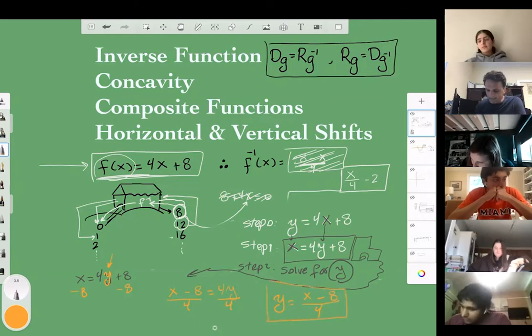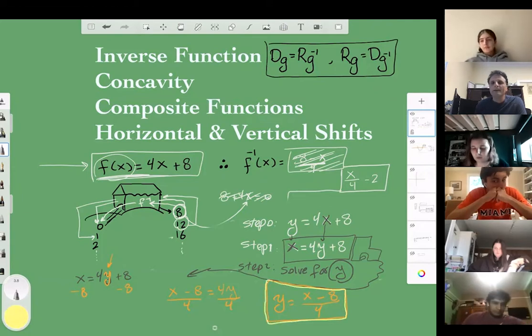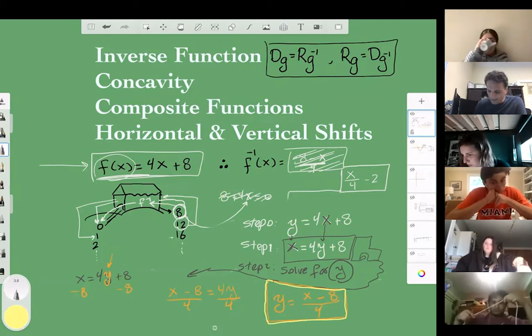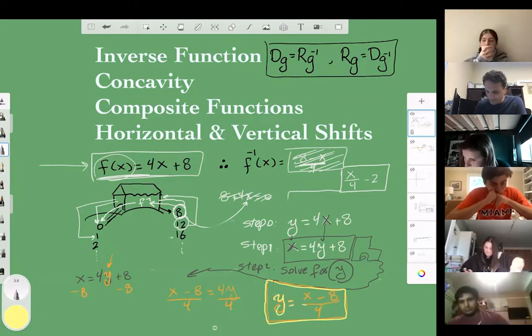The last step is you shouldn't leave it like this. You cannot box this one. They ask you what is f inverse, correct? I know when you solve for y, you get the inverse.